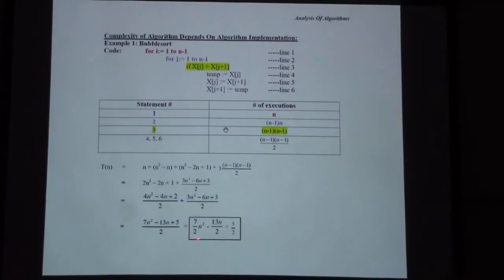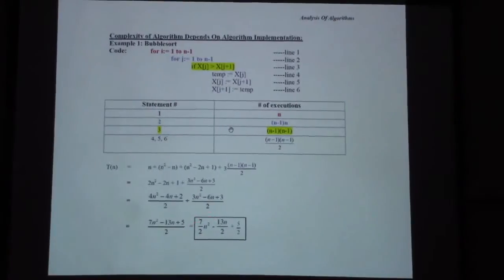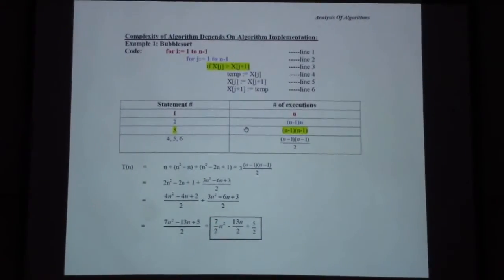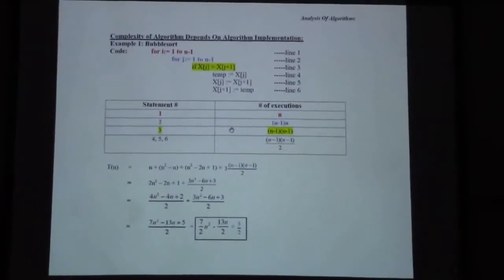This term right here, about 6,500, the linear term, is going to be very small compared to this one. And this constant is going to be even smaller. So as n keeps increasing, the only term that's really significant in this complexity is the highest order term of the polynomial, which is the 3.5n squared. Does that make sense? Okay, so that's the algorithm.